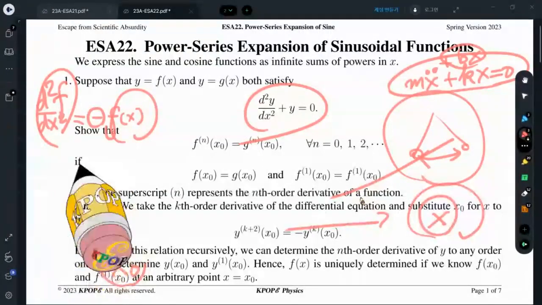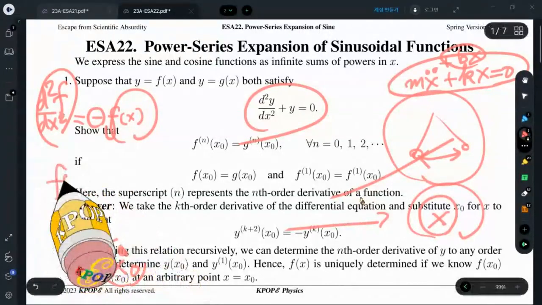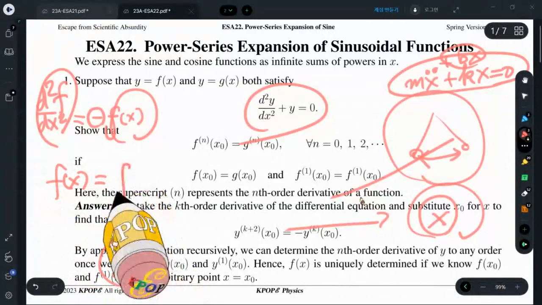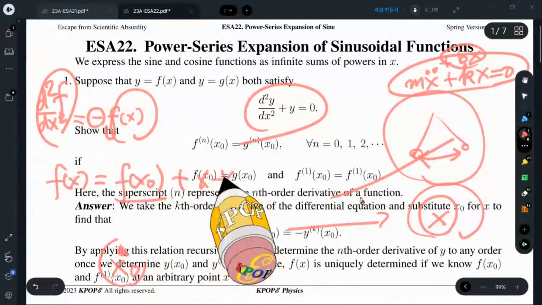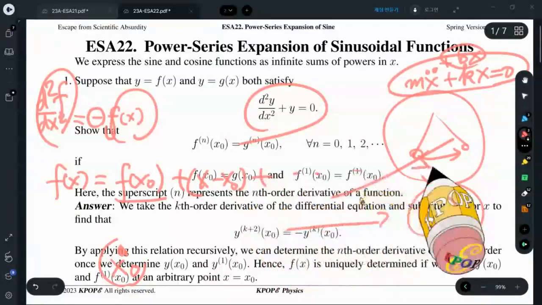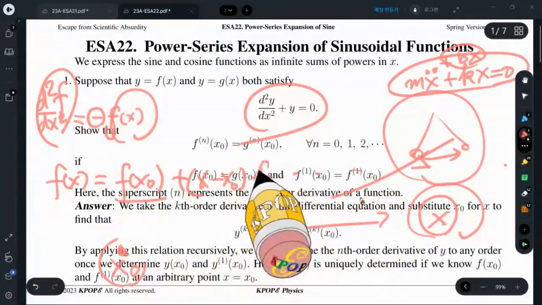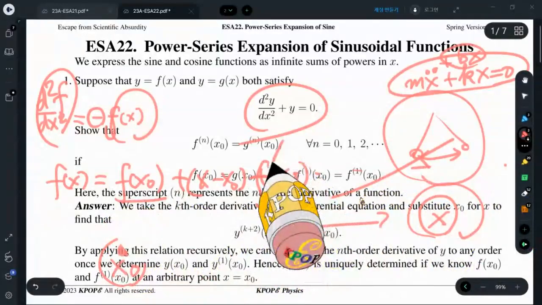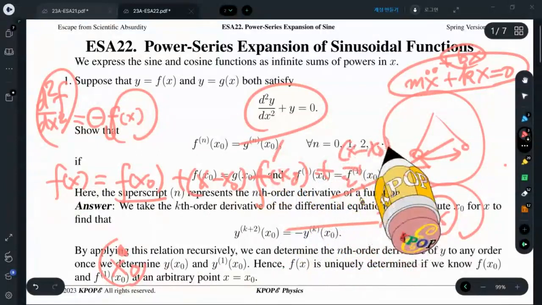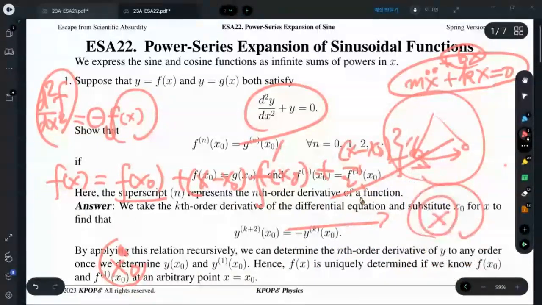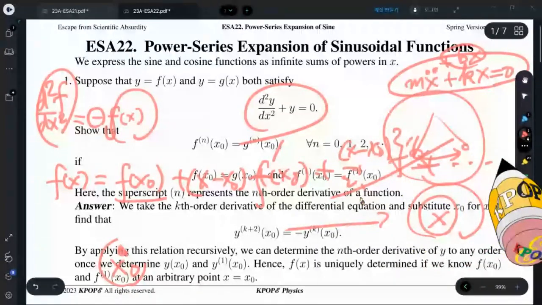So when you want to expand this function as a power series in powers of x minus x0, the coefficients are 1 over 2 factorial times (x minus x0) squared, and so on.